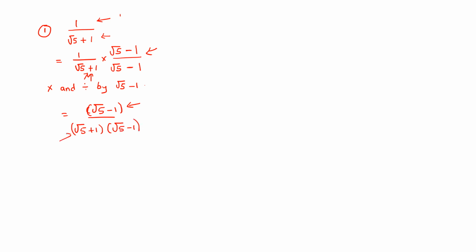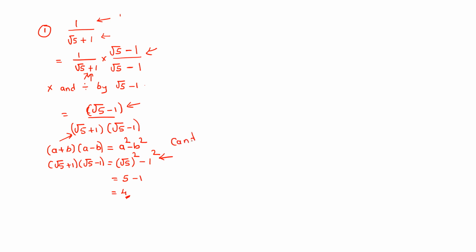Now if you see this carefully, this is in the form of a plus b into a minus b, right? So a plus b into a minus b is nothing but a square minus b square. So my denominator, root 5 plus 1 and again root 5 minus 1, becomes root 5 the whole square minus 1 the whole square. Now this is 5 minus 1. The answer is 4.